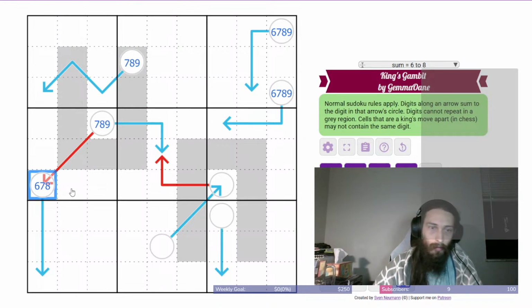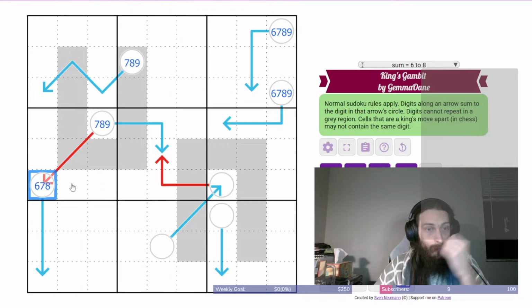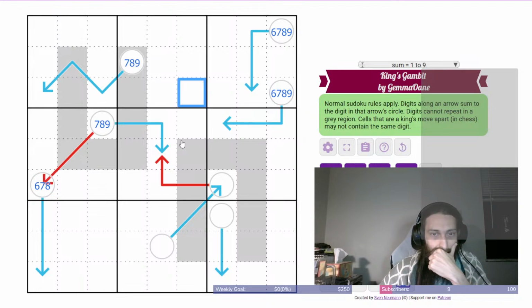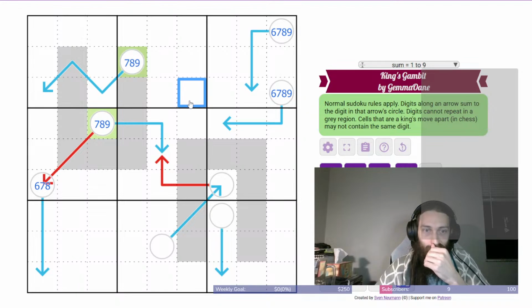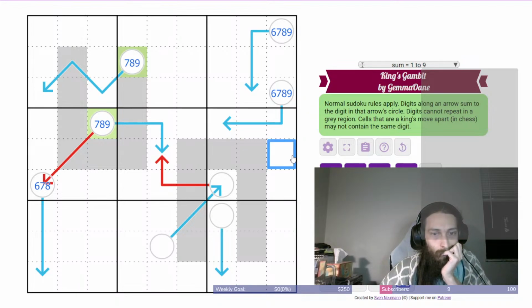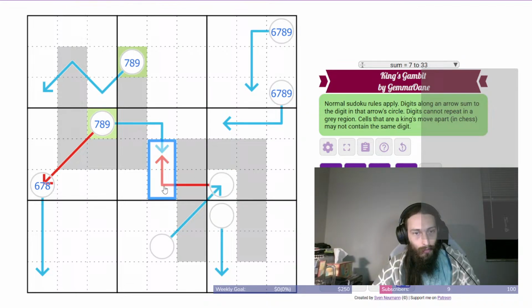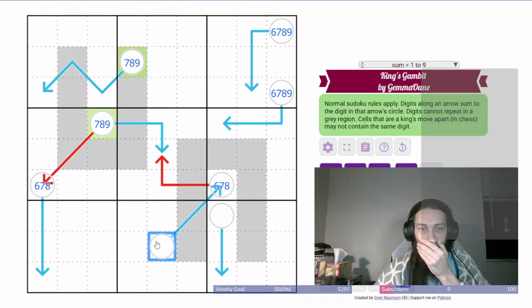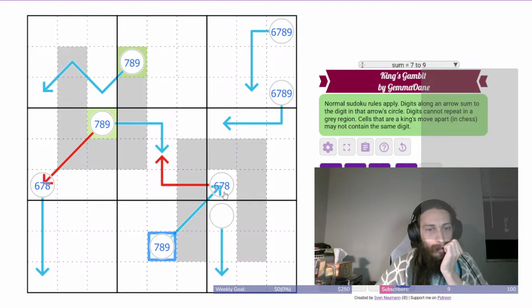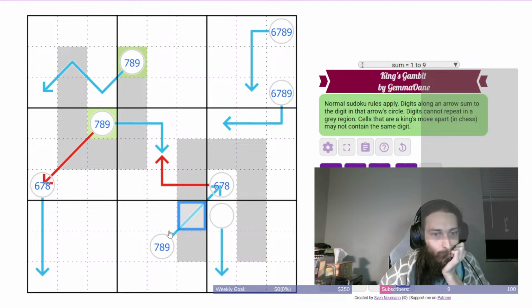And this isn't a 9. I guess I will go ahead and mark these in green. Oh, this one also has 3 cells on it, 6, 7, 8, 9, but it's on an arrow, so it can't be a 9. And this is 7, 8, 9, because it's got at least a 6 on here, plus 1 is 7.